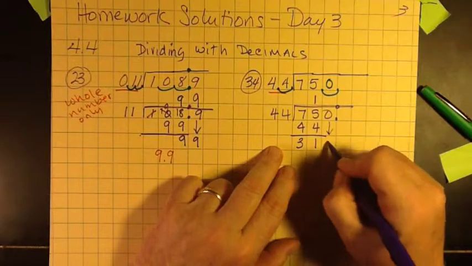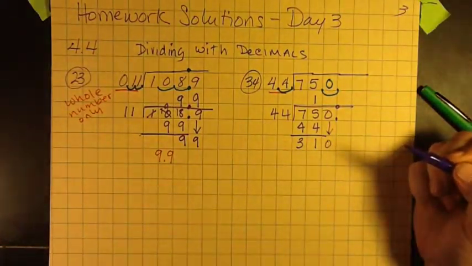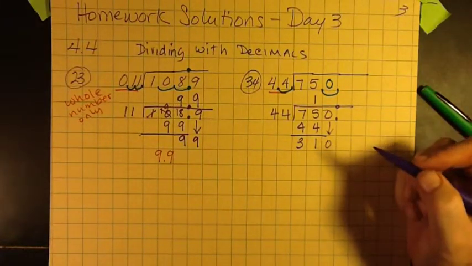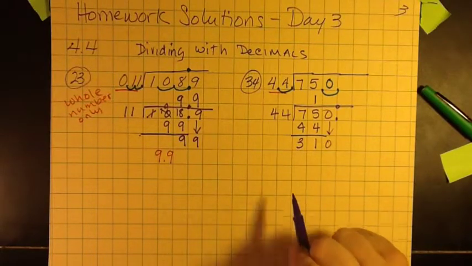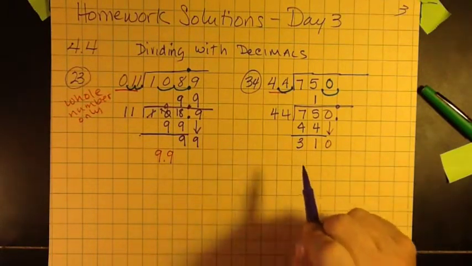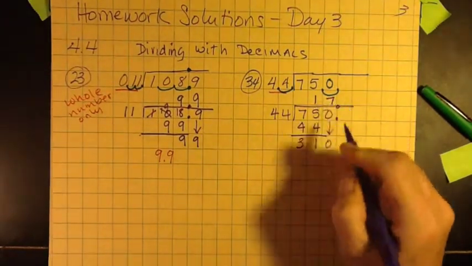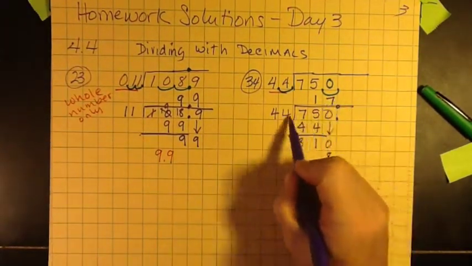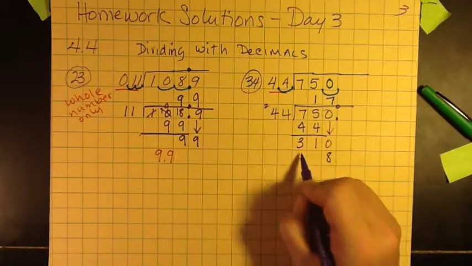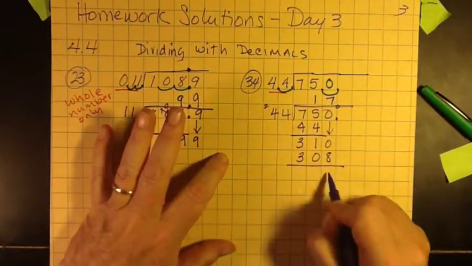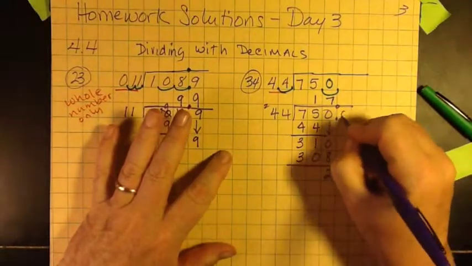Bring down the 0. 44 fits into 310. Let's see, 4 times 7 would be 28, so 40 times 7 would be 280. I'm going to try 7. 8, 4 times 8 is 28, carry the 2. 28 plus 2 is 30. I'm going to add the 0.